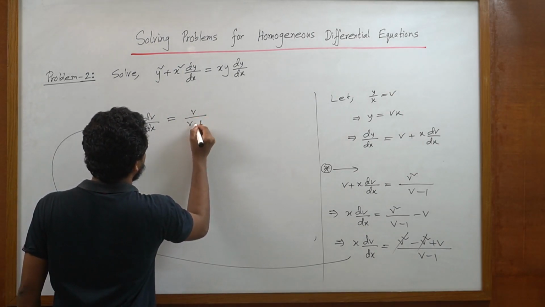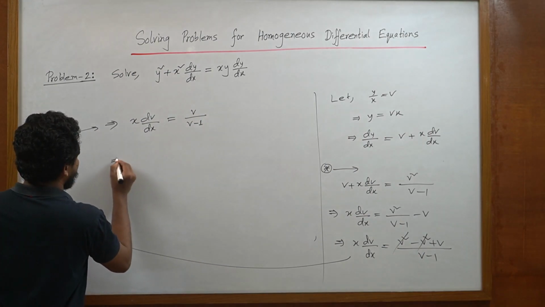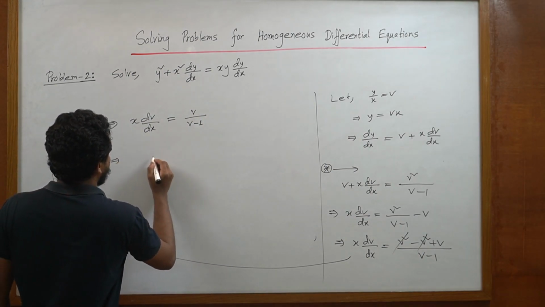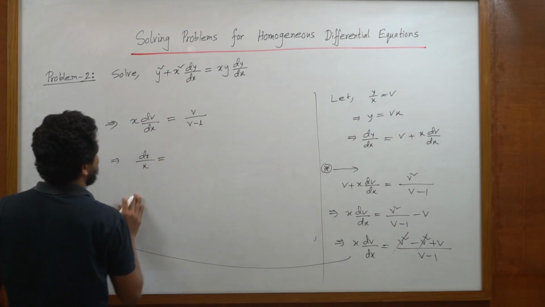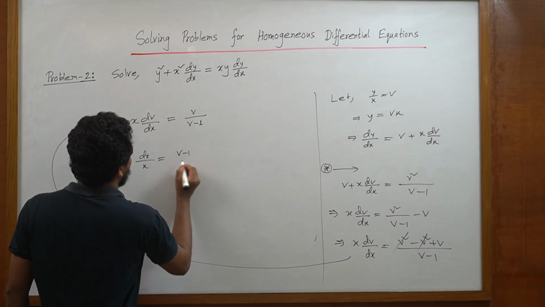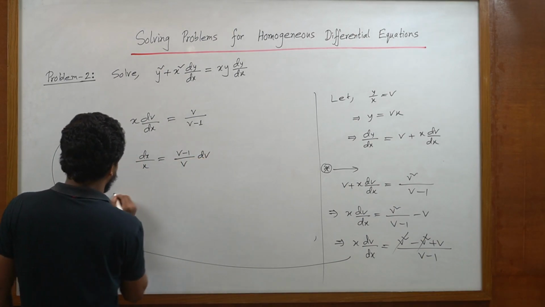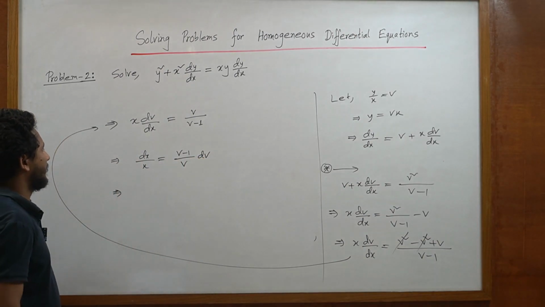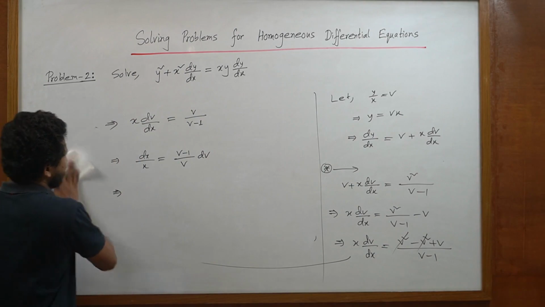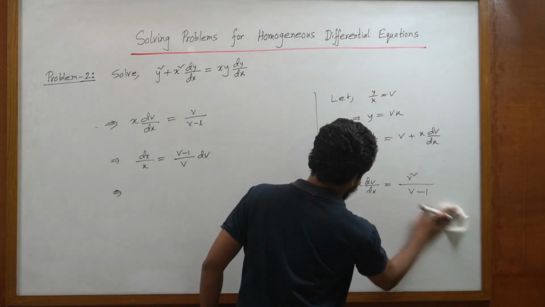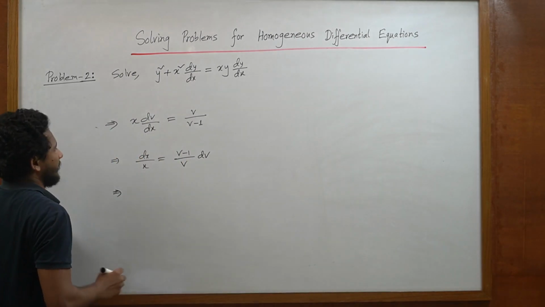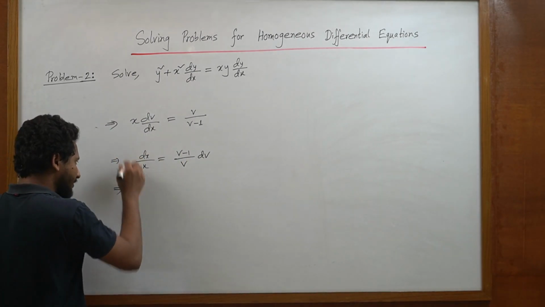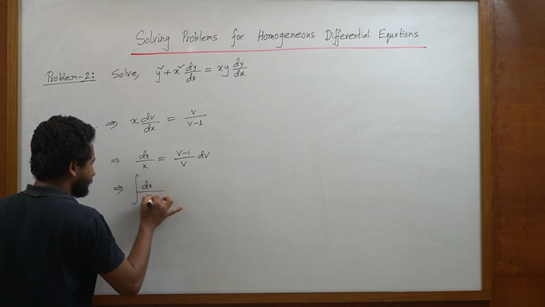So dx by x equals v minus 1 by v dv. Now we will integrate both the sides.